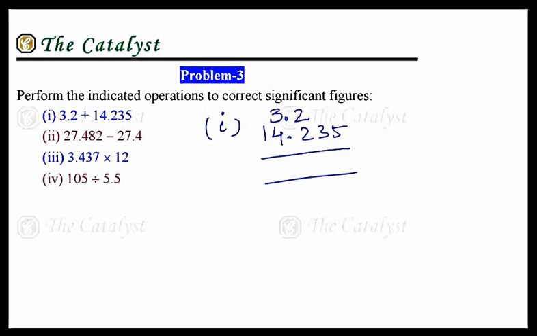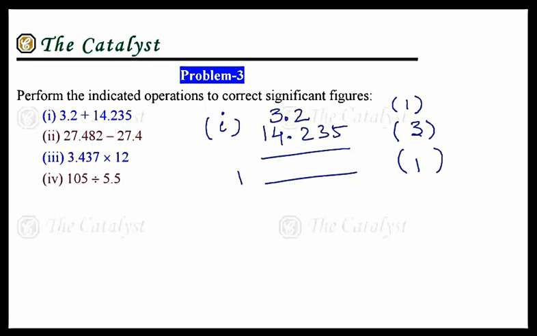You have only one figure after the decimal place in 3.2, and 3 figures after the decimal place in 14.235. Therefore, when you add them up, the answer should have only 1 figure after the decimal place.